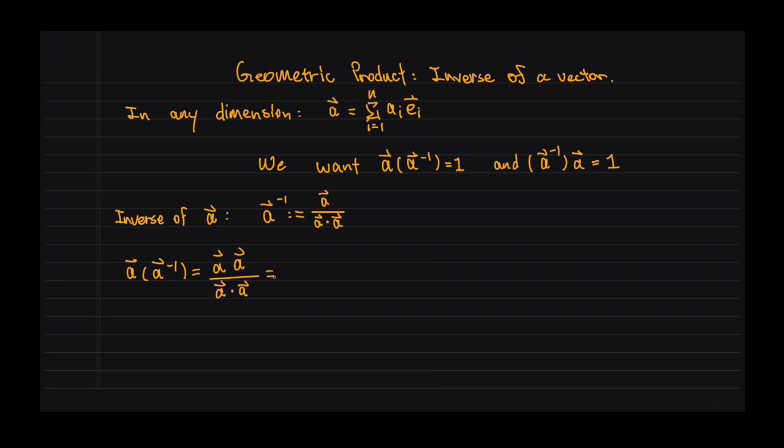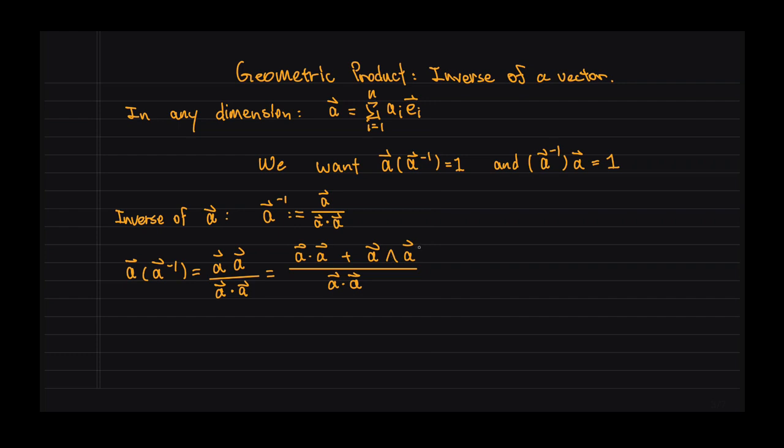We know that the geometric product is the dot product plus the wedge product. So we will get a dot a plus a wedge a, divided by a dot a.